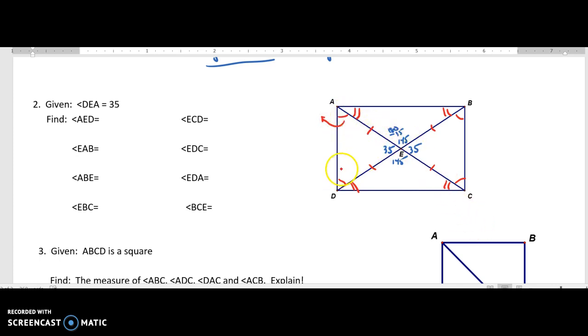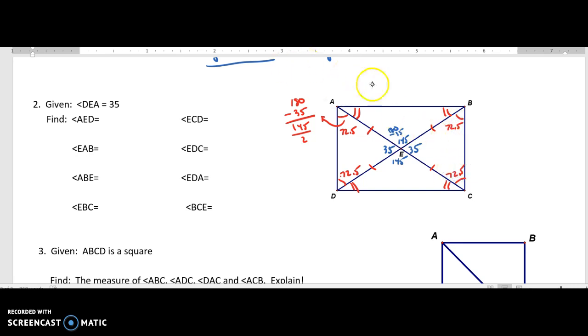Well, what do all three of these angles have to add up to? 180. So I'm going to do 180 minus 35, and that's going to give me 145. But if these two angles are congruent, right, I'm going to divide that by 2, and this angle would be 72.5. This angle would be 72.5. What you have to know is all of these angles will be 72.5.